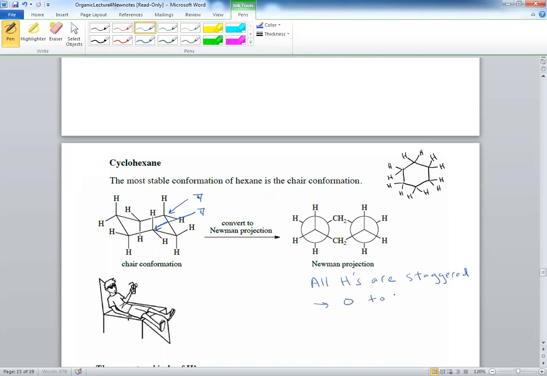Zero torsional strain. They're all staggered. What else is also happening here is that all the bond angles are 109.5. So that means we have zero angle strain.